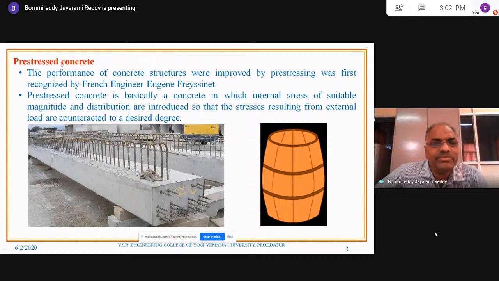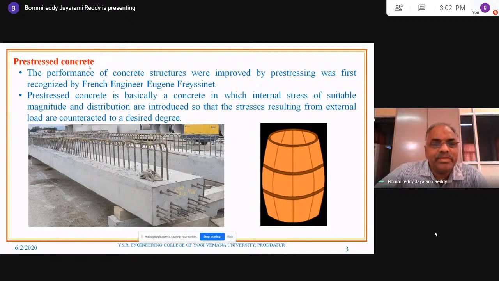Whereas in pre-stressed concrete, our main motto is introducing the pre-compressive stress in the concrete. You know, concrete is very strong in compression and extremely weak in tension. And to take care of all tensile stresses, steel reinforcement is used in RCC.